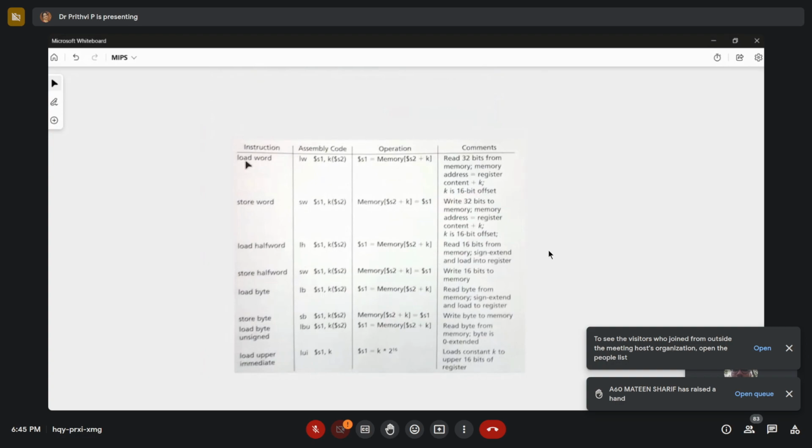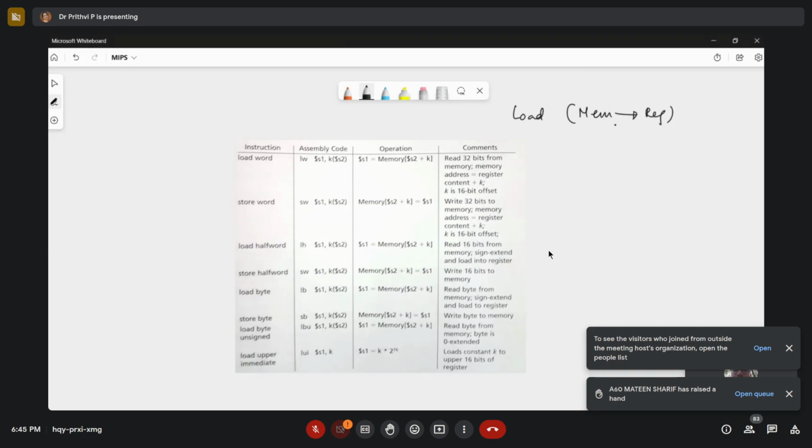If you are taking the load, what is to be loaded is from the memory to the registers; it will be storing the data. Store means from the register, the data will be stored onto memory. That is the major difference in these two instructions.